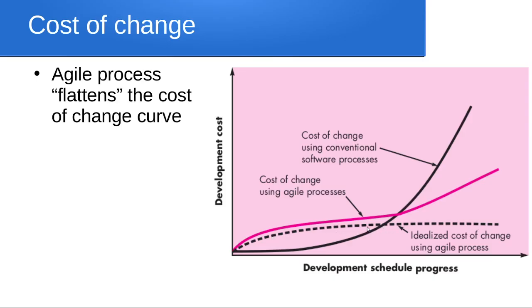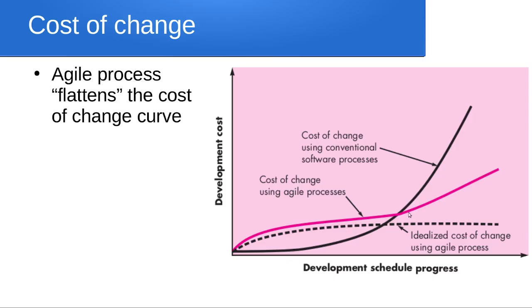Whenever a change request comes, it should be solved within a limit of expense. That is what is expected. However, that is not actually happening till now. This is ongoing research where we are trying to achieve this idealized curve.